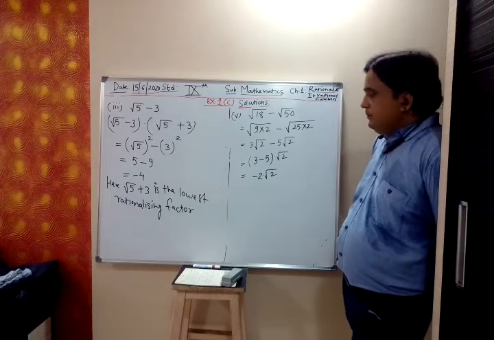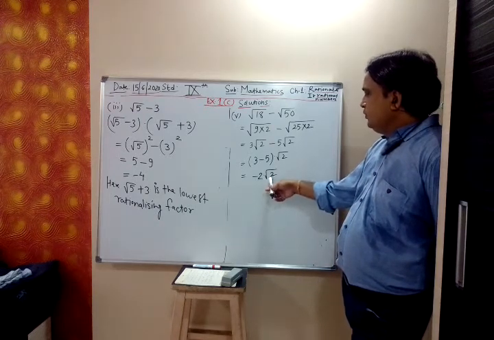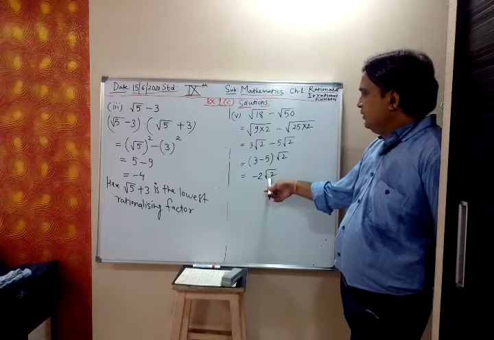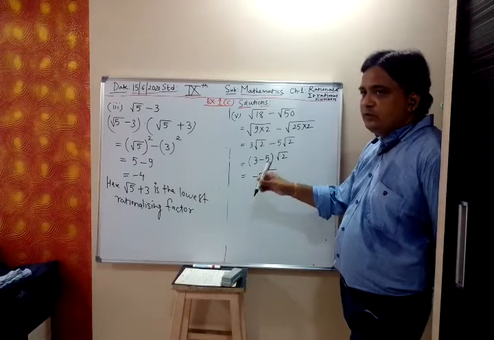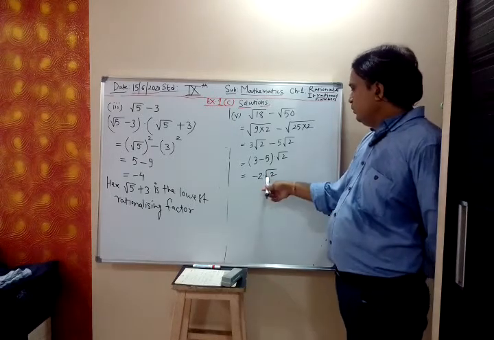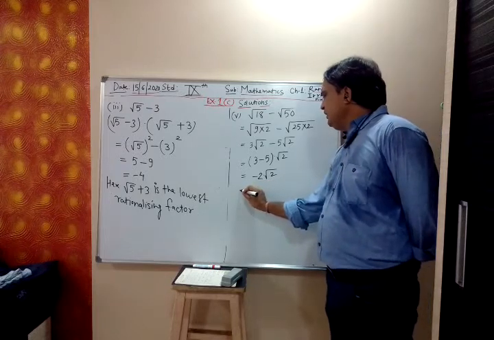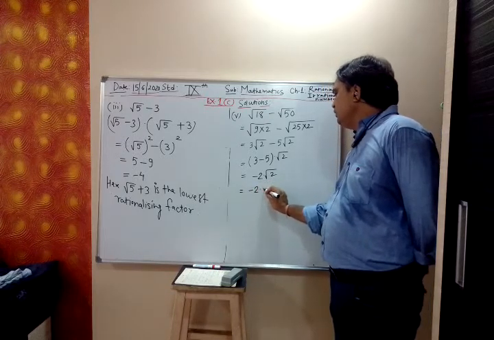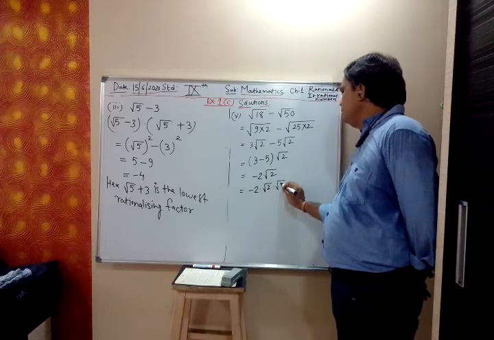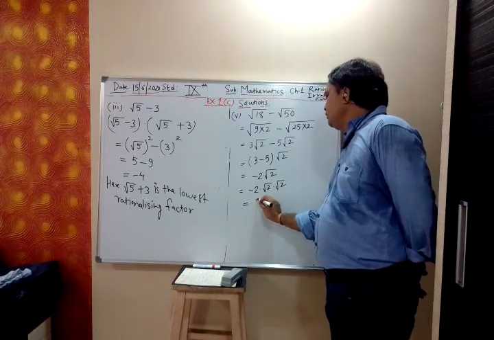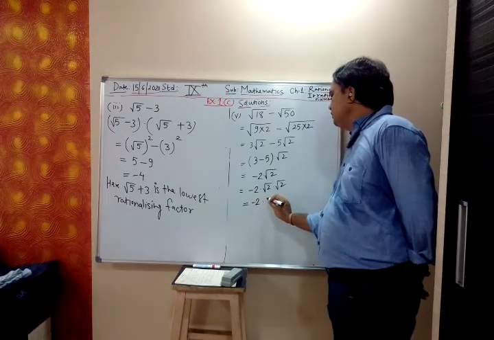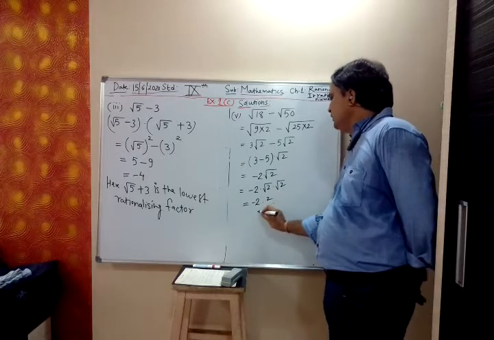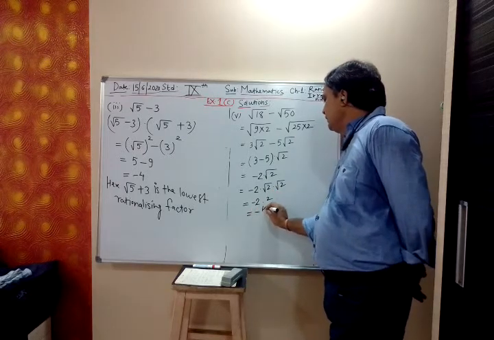Now there is one term. The irrational part is one term, root 2. 2 into root 2 is one term. Root 2 is irrational. So multiply by root 2. So minus 2 into root 2 into root 2, 2 into 2, which is minus 4.